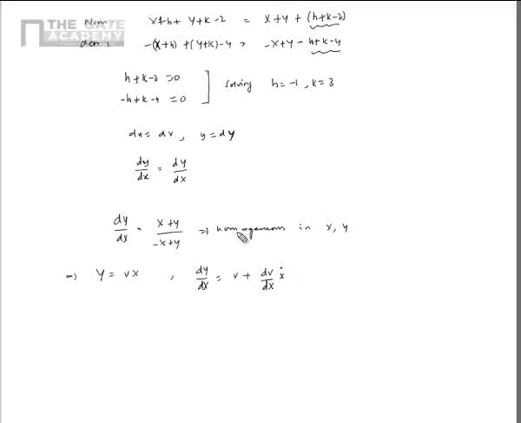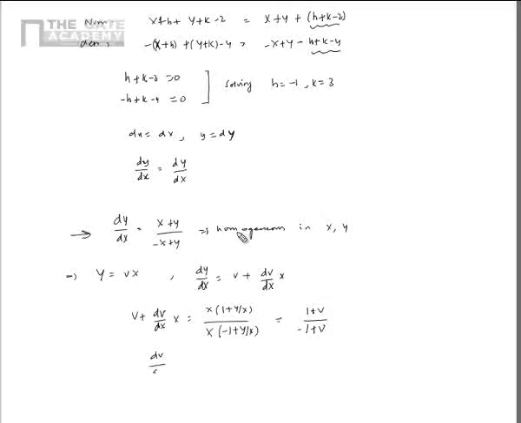So now if I substitute all that in this equation, what will I get? v plus X dv by dX is equal to, if you remove X common, you will get 1 plus Y by X over 1 minus Y by X, which you can write as 1 plus v by 1 minus v.